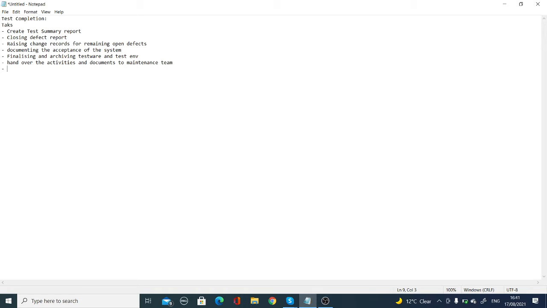So what does testware include? If you want, you can write testware includes documentation, any documents you have prepared, the scripts you wrote.